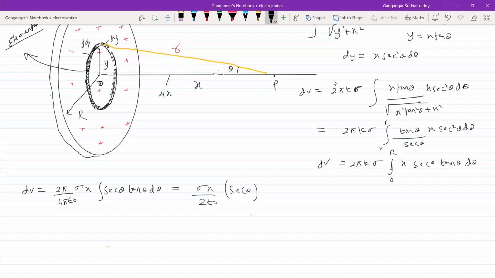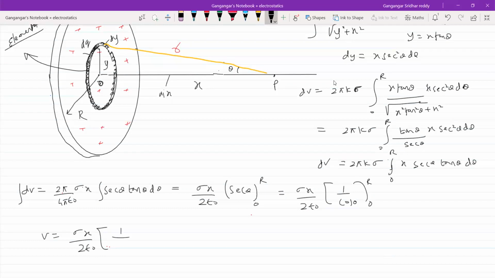You can change in terms of theta, but let me make it very simple. Now replace this with sigma x by 2 epsilon naught times 1 by cos theta. Now what is cos theta from the diagram? Cos theta will be x by root of y square plus x square.